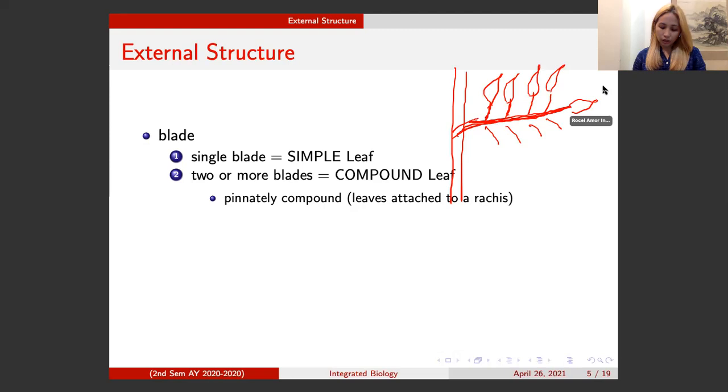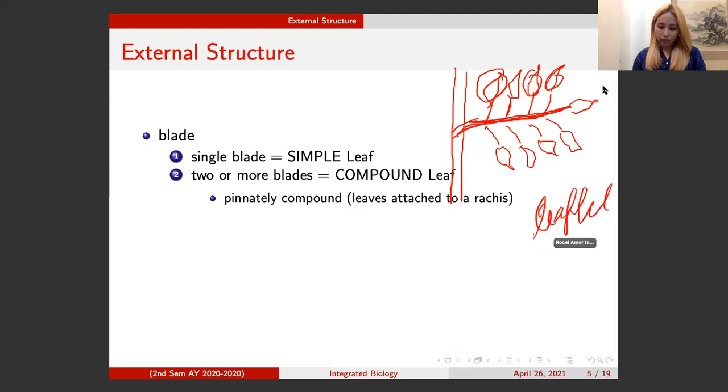Say for example, okay. So these are what we call the leaflets. Oops, sorry, we have an eraser. So this is what you call the leaflets, the small leaves. Okay? So we call them leaflets.